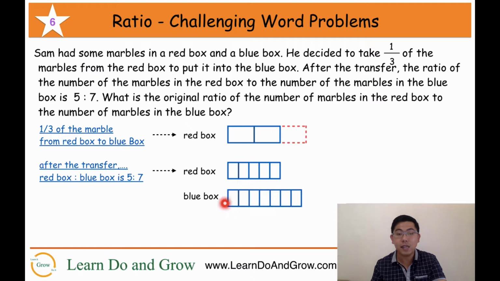But in this case, we can't do the comparison because the unit itself is not the same. The quantity in 1 unit over here is not the same as the quantity in 1 unit over here. So the only thing we can do right now is to standardize the unit. I'm going to show you how I do that.